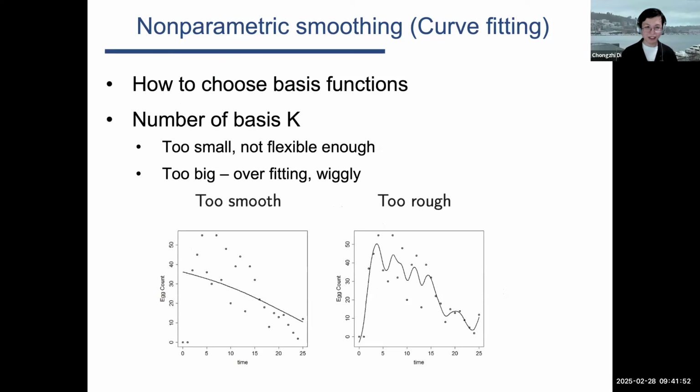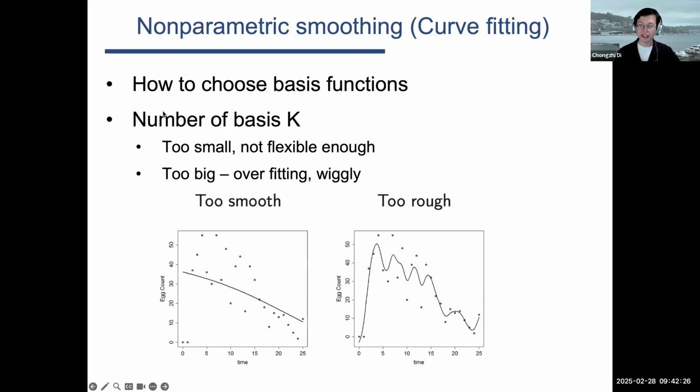This approach sounds good, but there's some challenge, which is the performance depends on the choice of basis functions. So basically, there are two choices. Number one, what are the types of basis functions you will choose, right? Do you choose those piecewise linear functions allowing change points, or do you choose more smooth ones? And also, how many basis functions do we need, right?